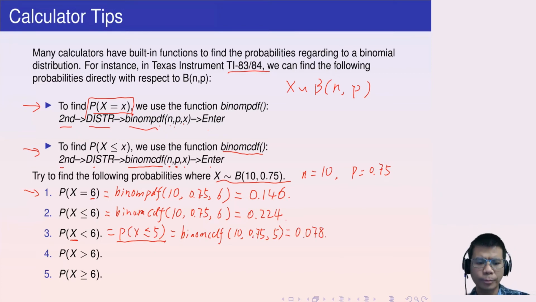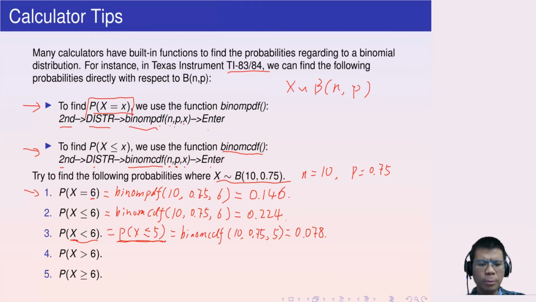Very good. So as you can see, we cannot find this probability directly. However, we can transform it into an expression for which we can use the calculator. X less than 6 is the same as the probability for X less or equal than 5, and then we can go from there.